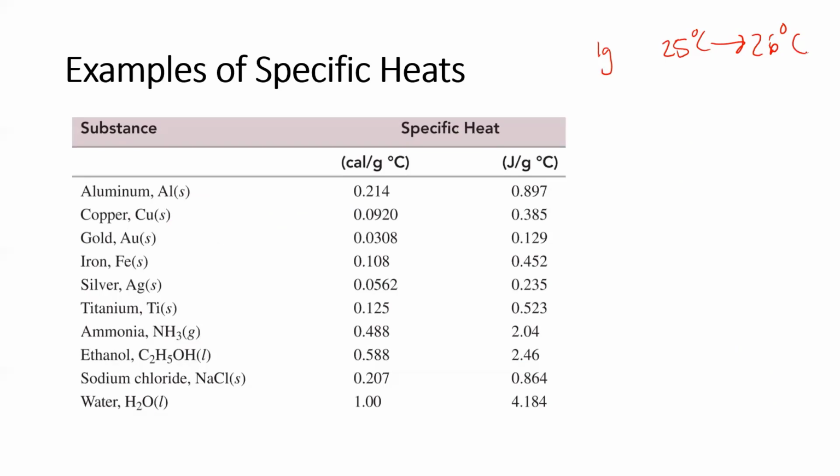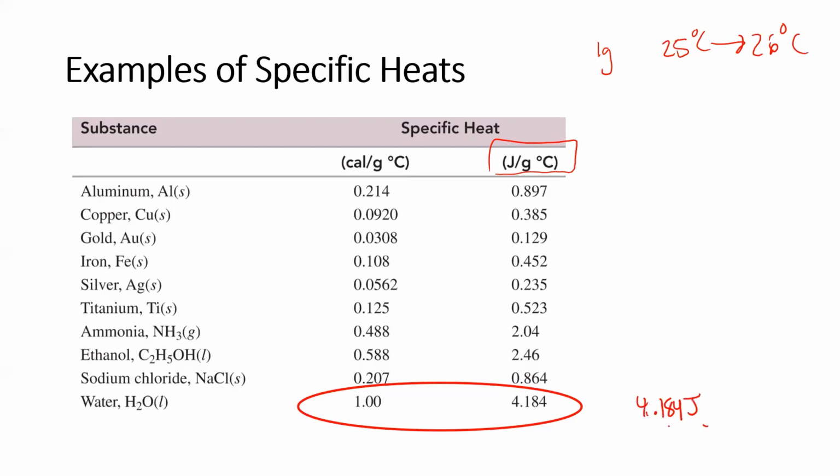And I told you earlier it was 4.184. So the specific heat of water in units of joules is 4.184 joules per gram degrees Celsius. So if I have 1 gram of water and I want to raise it 1 degree Celsius, it requires 4.184 joules. Why? Because that's the specific heat of water.